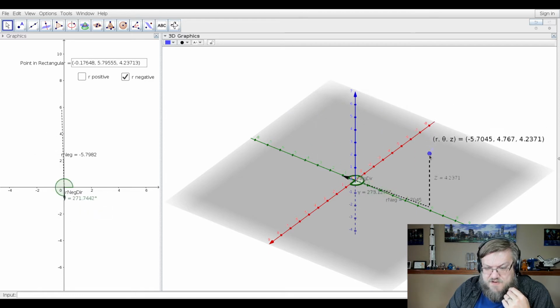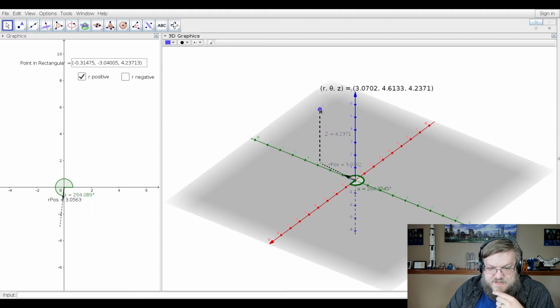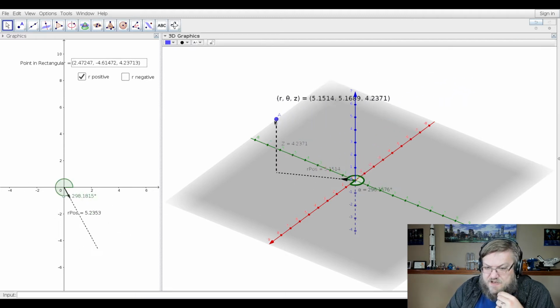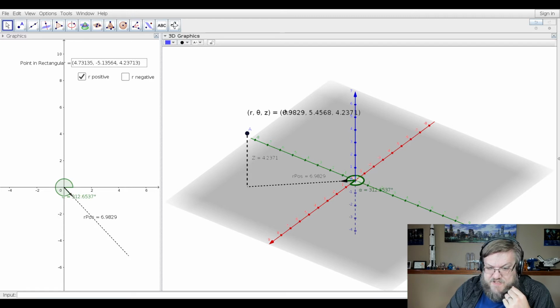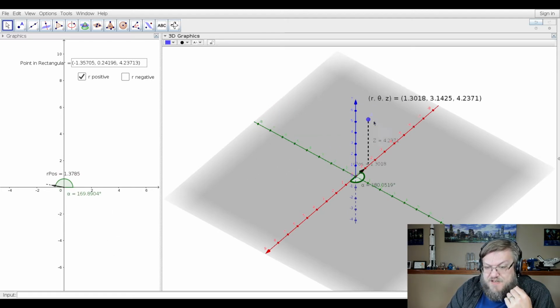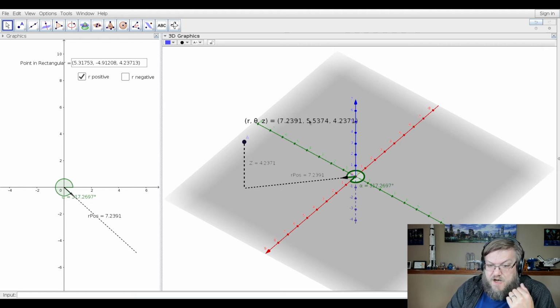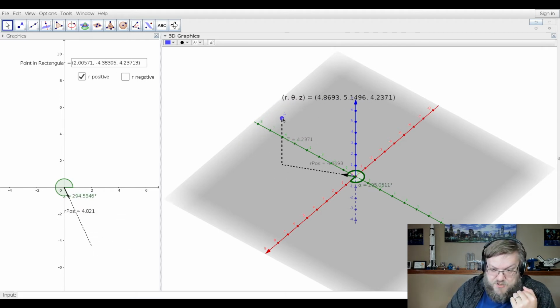You can move this around, turn on the R positive, turn off the R negative, and see if you can make sense of the coordinates. Now these are in radians. This middle one is in radians and not degrees. It's showing you degrees down here, but it's reporting your answer in radians, which is, by the way, required. In cylindrical coordinates, theta has to be in radian measure.